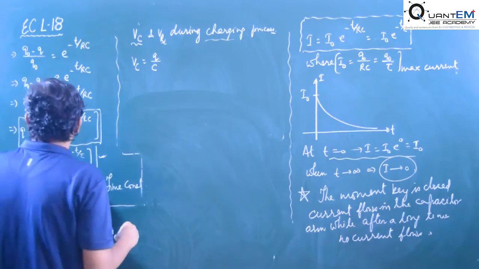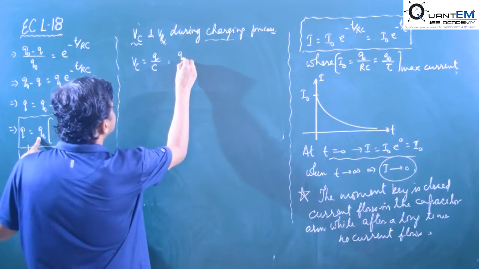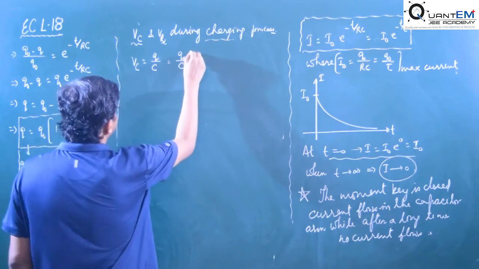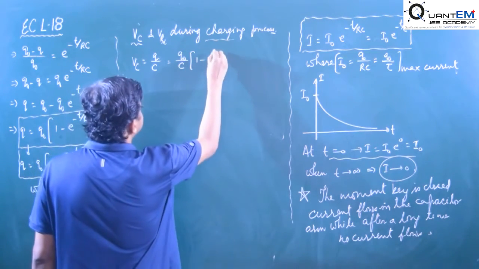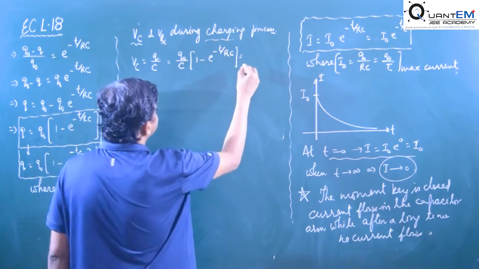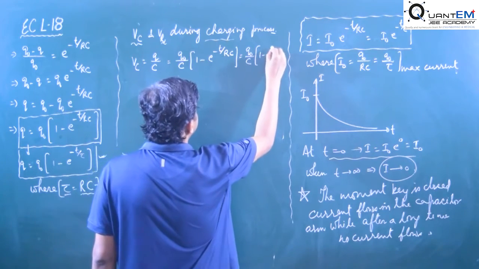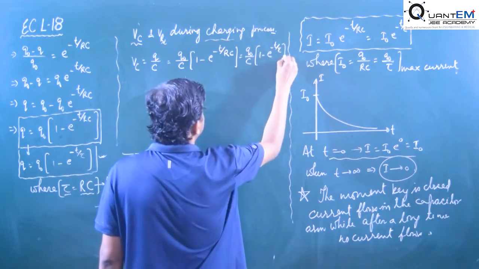Putting the value of charge here, we get Q naught by C (1 minus e to the power minus t by RC), that is also t by tau.